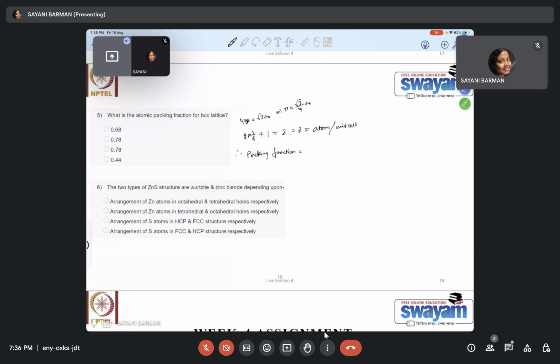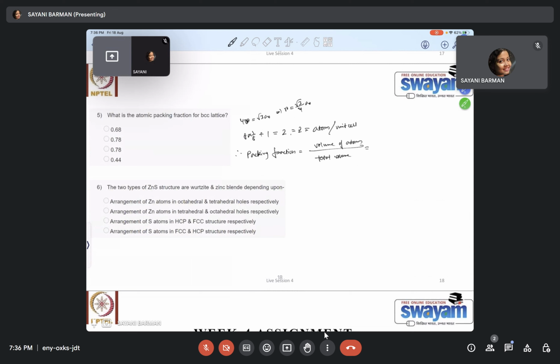Now the packing fraction would be the volume of atoms by total volume. Volume of atoms means number of atoms into the volume of each atom.